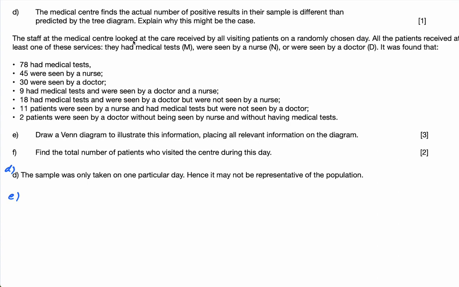The staff at the medical center looked at the care received by all visiting patients on a randomly chosen day. All patients received at least one of the services. They had medical tests, M, were seen by nurse, N, or were seen by Dr. D. It was found that 75 had medical tests.